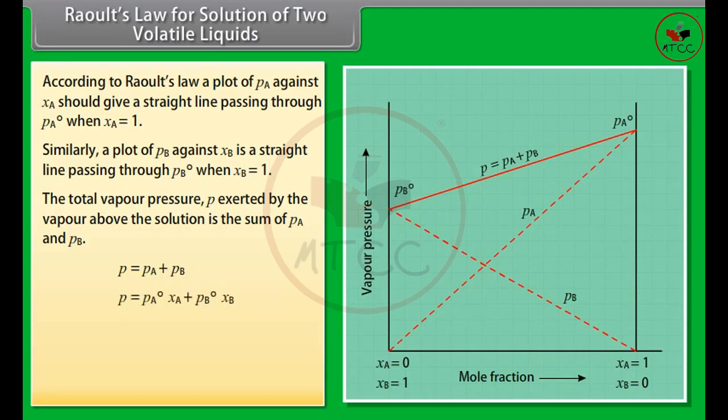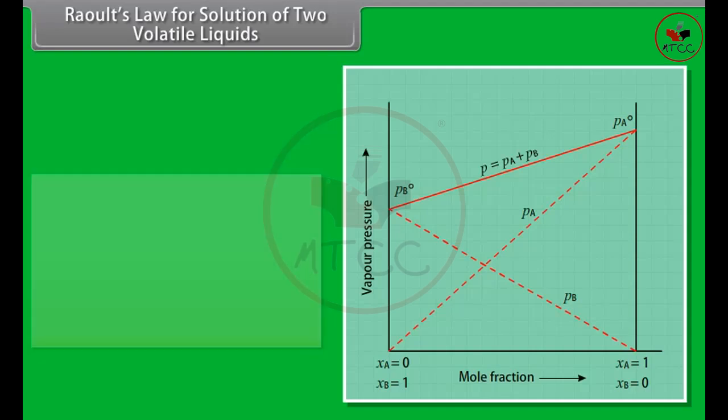By putting XA = 1 - XB, we get the relation P = (PB⁰ - PA⁰) XB + PA⁰.